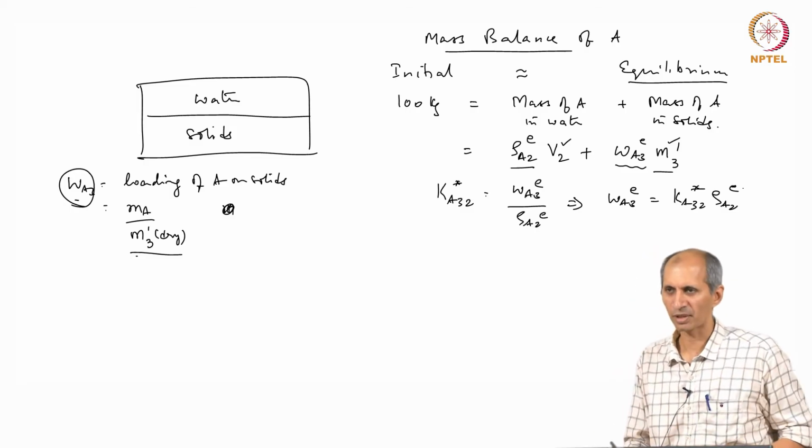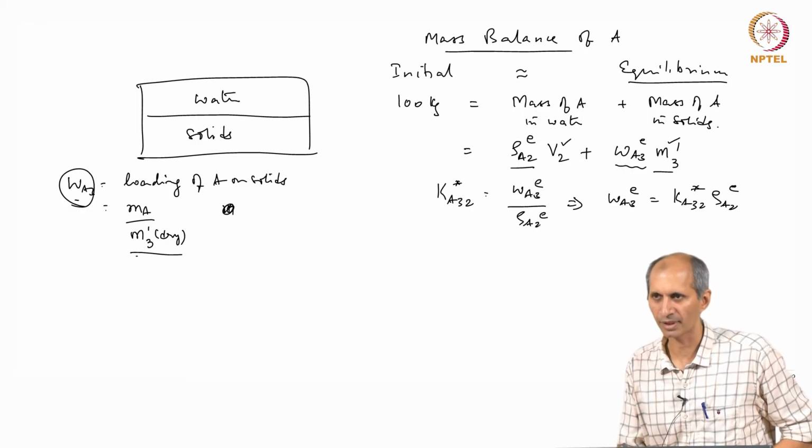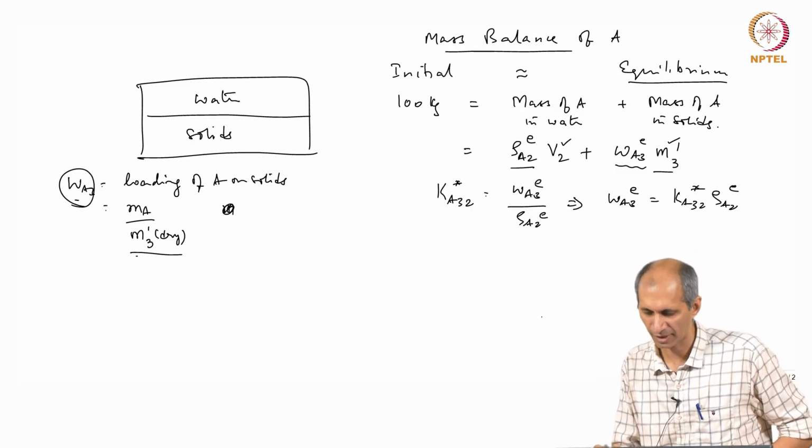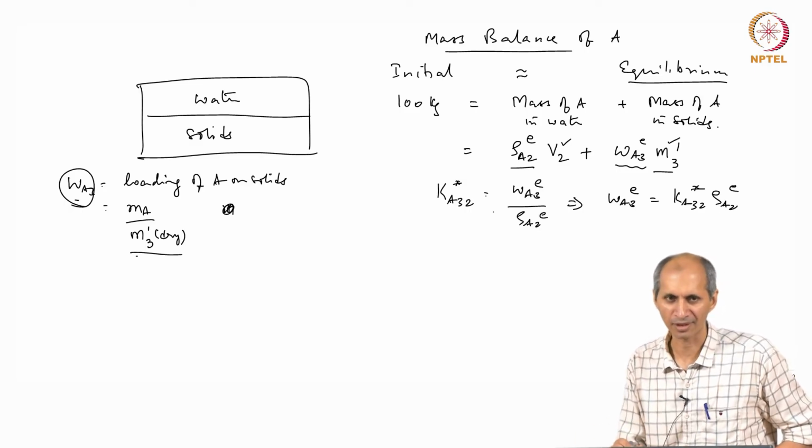You can do the other way also. You can also express this in terms of WA3 on both sides and substitute rho A2 in terms of WA3. That is also possible, but we are doing this for a particular reason, you will see why.